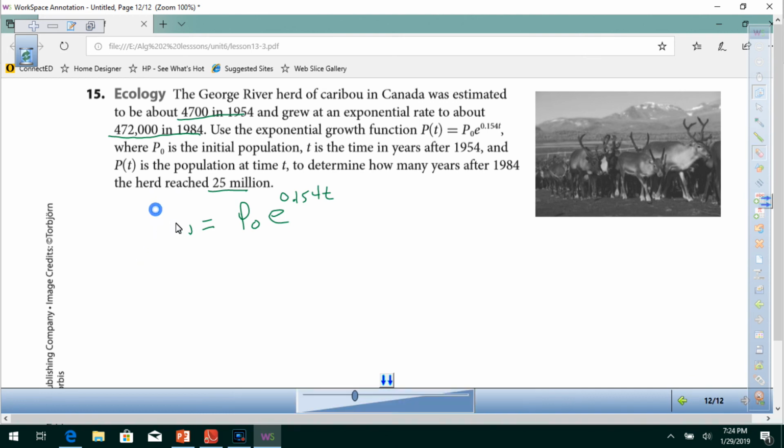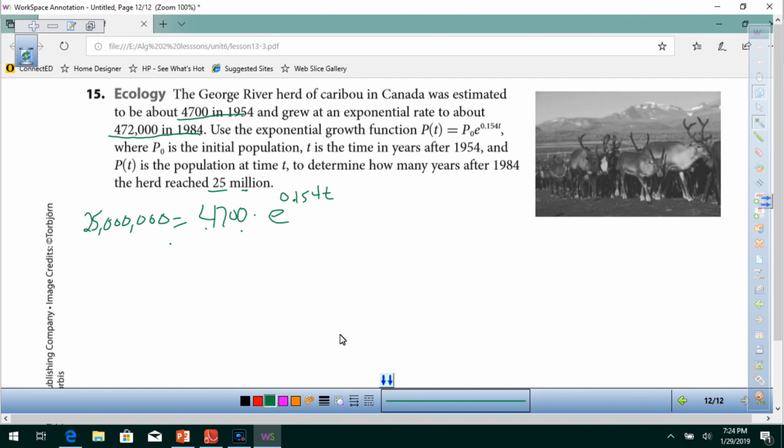So we're going to put 25 million here, 25,123,123 equals 4,700 times e.